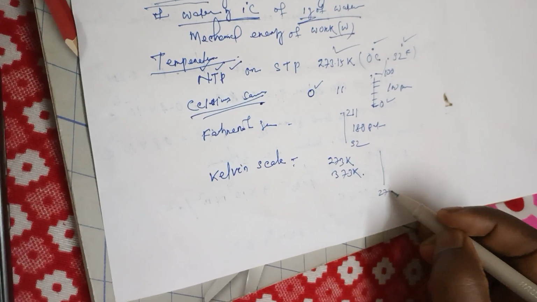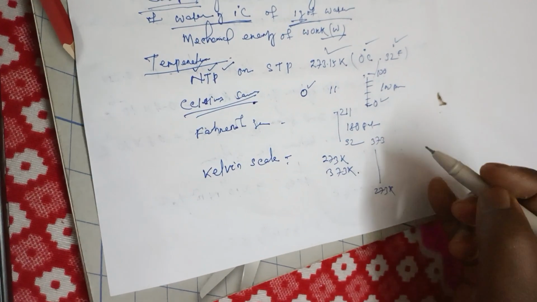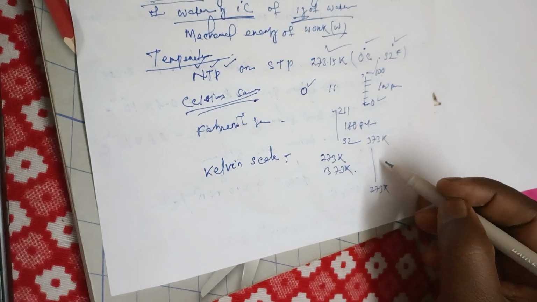Here 273 K and 373 K, and it is divided into 100 parts.